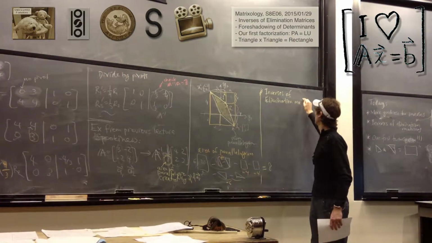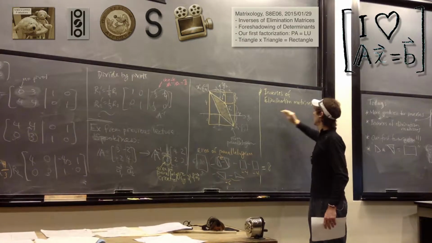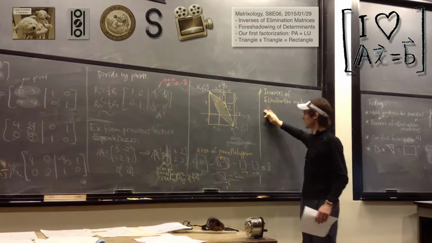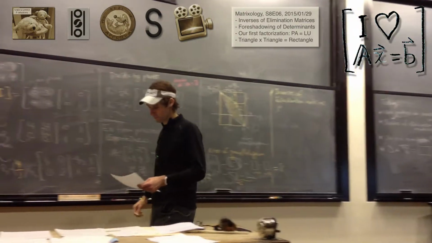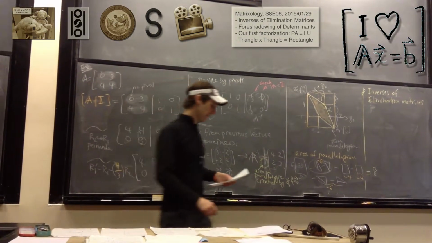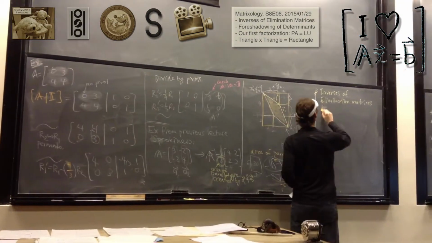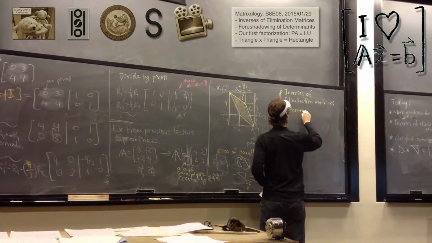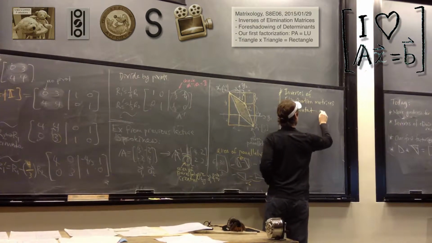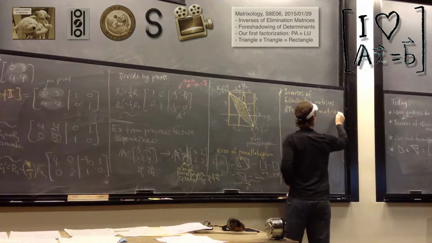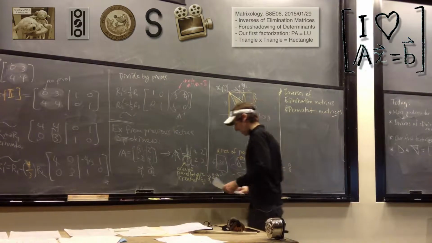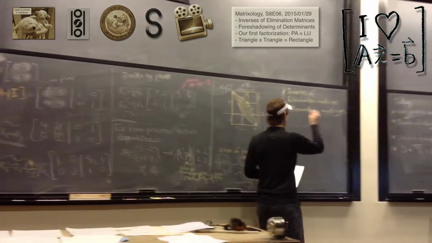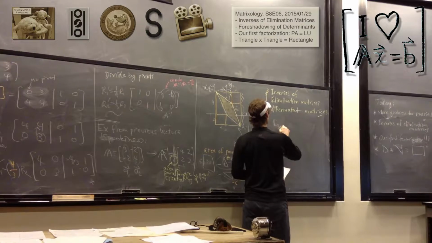Matrices, and, well, let's do these guys first. And row, well, we'll call them row swap permutation matrices. Okay. Good. Let's do this. So here's an E31, for example. Here's an example.